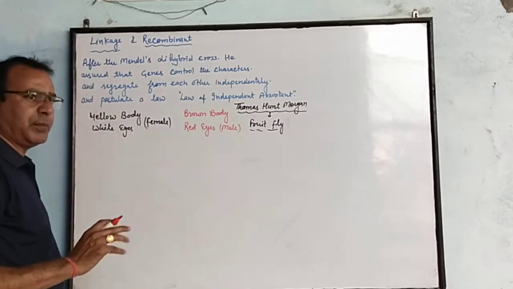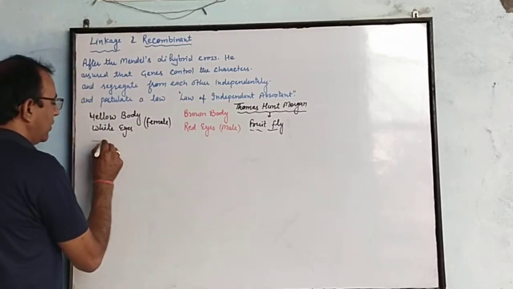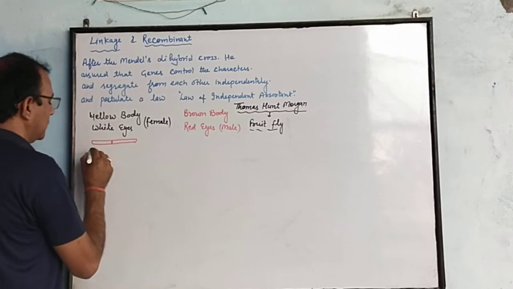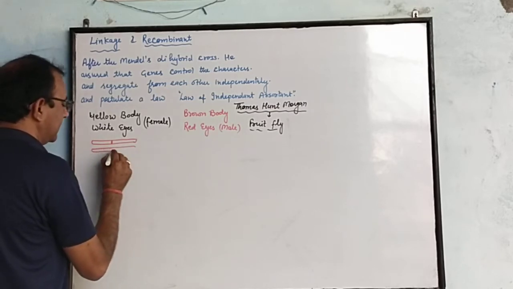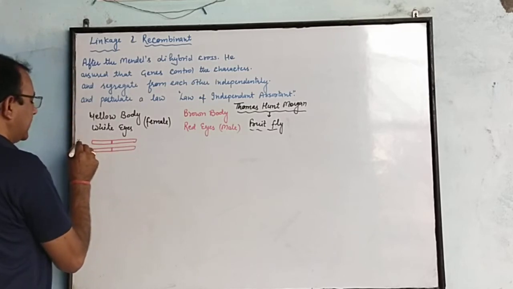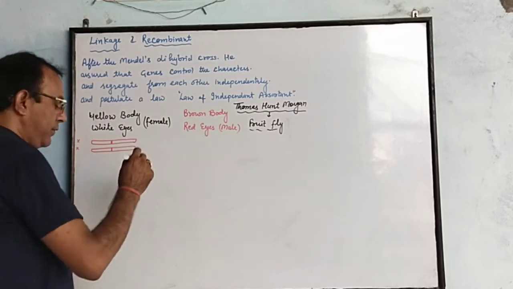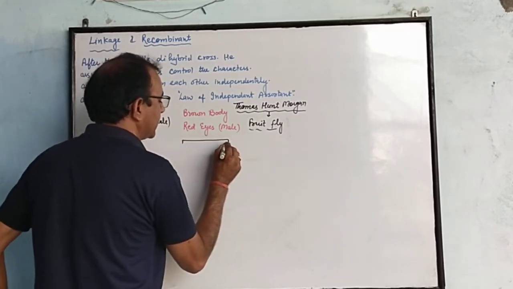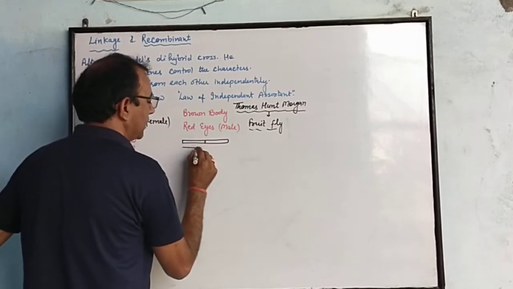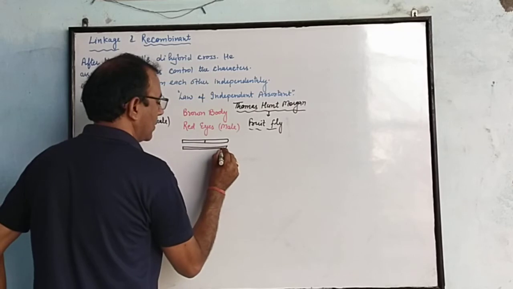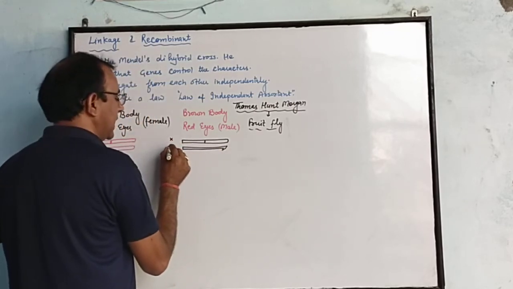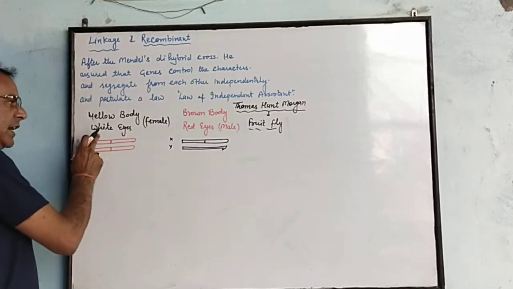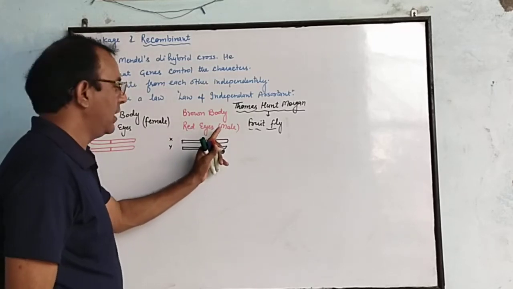In Drosophila melanogaster, the female has similar chromosomes, homologous chromosomes, X and X. In the male, one chromosome is X and the other one is Y. He crossed the yellow body, white eyes female with the brown body, red eyes male.